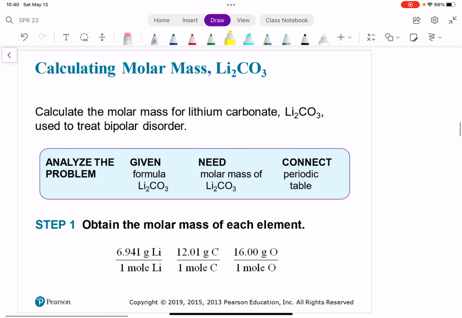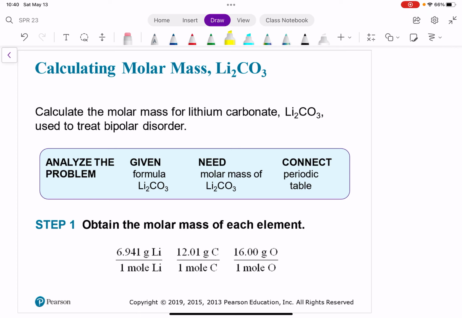So how do we actually calculate the molar mass? If you have just 1 mole of some element, say like sodium, like we talked about at the beginning of the video, it can be a little bit easier to find the molar mass because you're just looking at that atomic mass number on the periodic table and saying, okay, the atomic mass number for sodium is 22.99, so 22.99 is my molar mass, right?